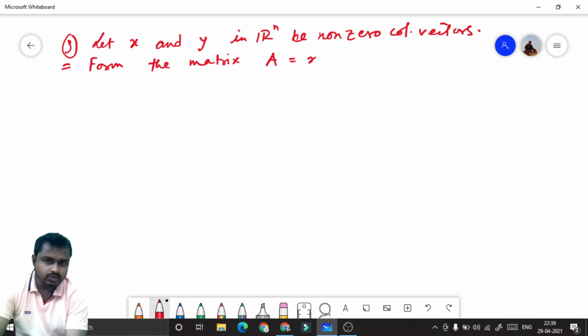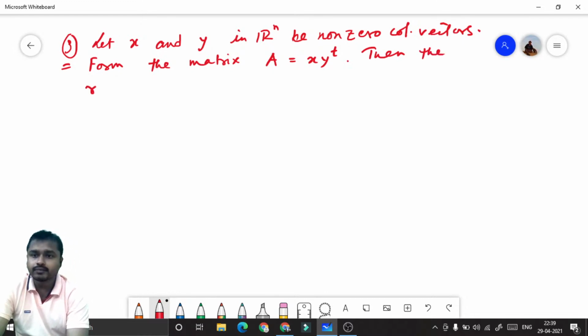A is equal to x y transpose, where y transpose, that is yt, denotes the transpose of y. Then the rank of A is, these are the options.